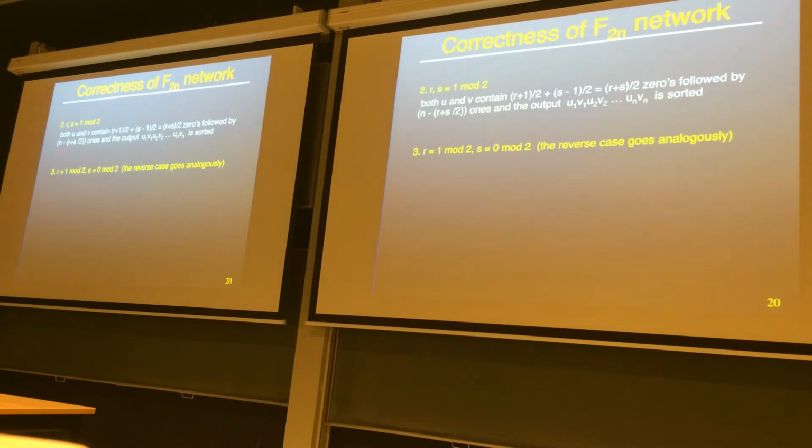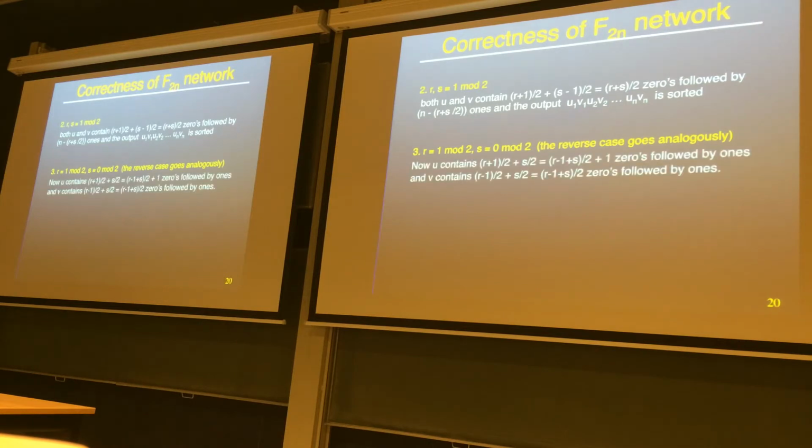R is odd and S is even, or the reverse, but that goes along the same lines. Then we have U, the output vector of the first network, giving this number of zeros, and V giving this number of zeros. The number in which they differ is exactly 1. So at that position i, Ui is not equal to Vi.